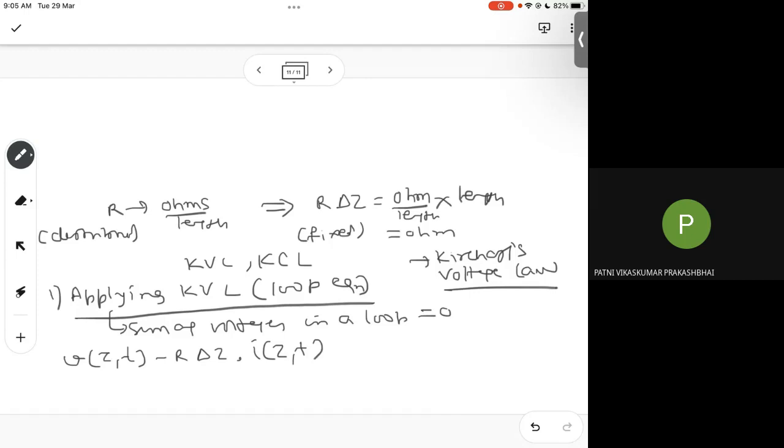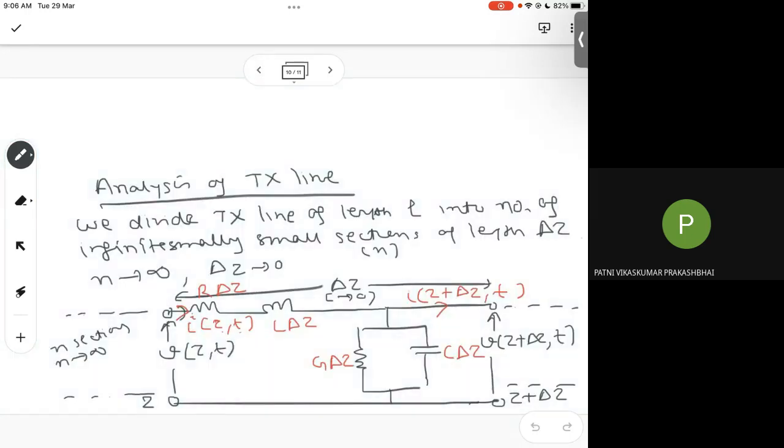That has the unit of voltage, R into I. Similarly, minus L delta Z into del I by del t at (Z, t), as you must know from basic electronics, and it equals V(Z plus delta Z, t). When we write V(Z, t), it means the instantaneous voltage at Z, which was my starting point. If you see this circuit, this is my Z, and this is my Z plus delta Z.